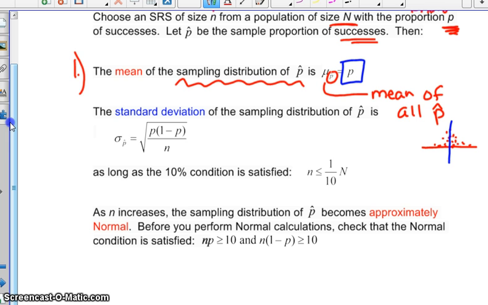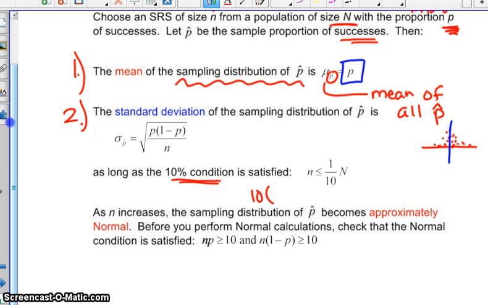Second thing, we're going to want to find the standard deviation for this sampling distribution as well. Sigma is your standard deviation for all p hats, so for all my sample proportions, and it is given by this, as long as, and this 10% condition is going to be very common for us as we go forward, little n, my sample size, is less than 1/10 of my population size.